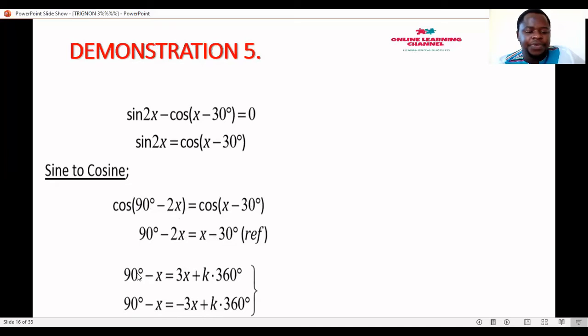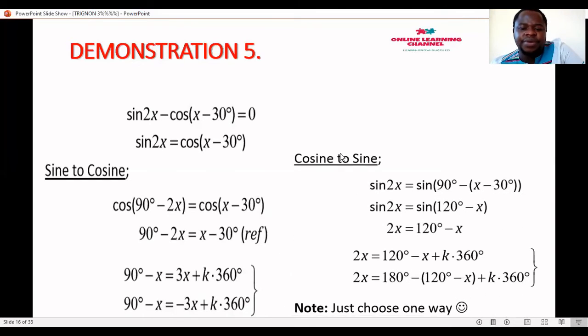And then you solve, with plus k multiplied by 360, and the negative case, where k is an element of integer. So here you just choose whichever way. So now you're changing this part instead. Sine 2x is equal to sine of 90 minus x minus 30, so sine 2x is equal to sine of 120 minus x.